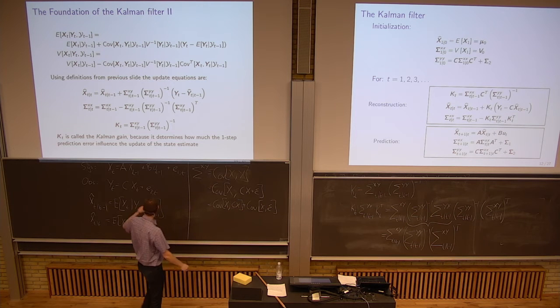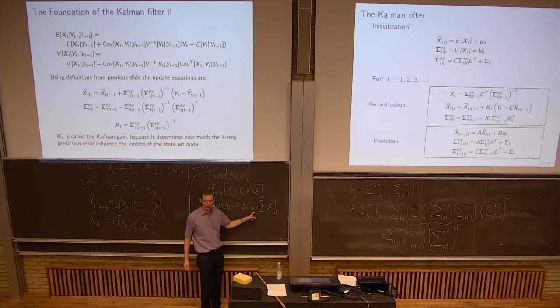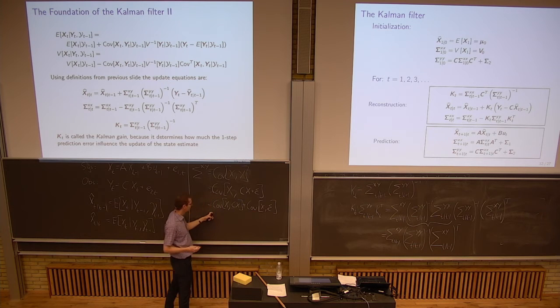Now this epsilon t here is uncorrelated with everything else. So this last term here, what is that? That's a 0, exactly. So what we're left with is the first term here.